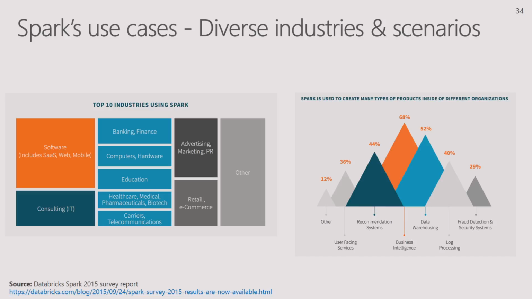Right? So still, if you think about the business use cases, it seems like much of the business use cases are related to business intelligence and data warehousing, and other applications that involve machine learning or modeling are slowly gaining ground.